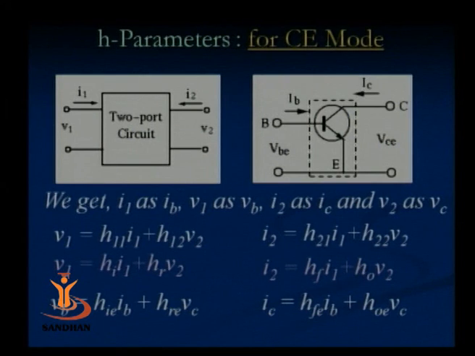If it is a common base, we have HIB, HRB and likewise. If it is a common collector, we have HIC or HRC or HFC. So E here indicates the mode of operation of the transistor.